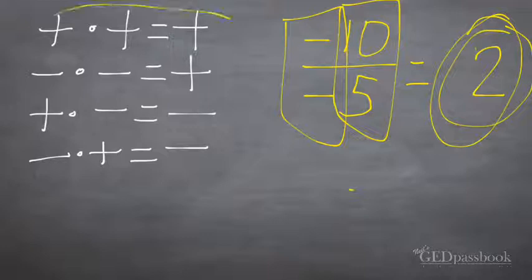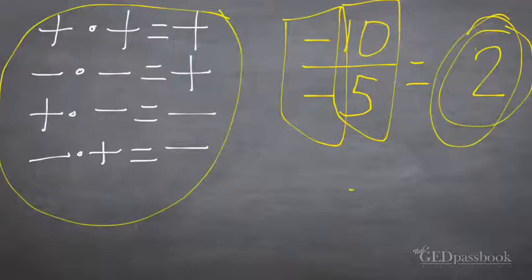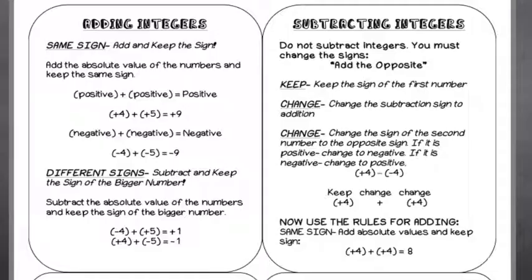So yeah, remember this rule, because that is for multiplication and division of positive and negative numbers. And definitely remember these rules, because these are meant for adding and subtracting positive and negative numbers. If you're adding numbers and they happen to have the same sign, add and keep the same sign.